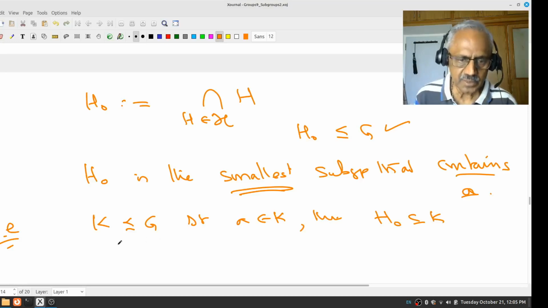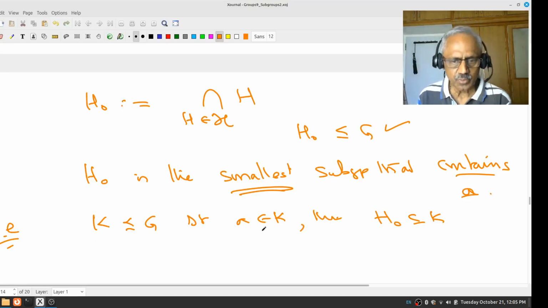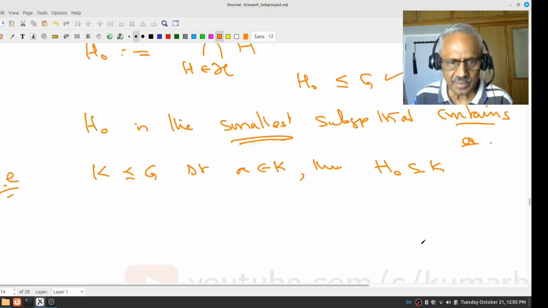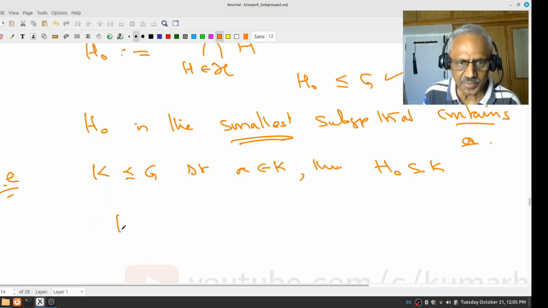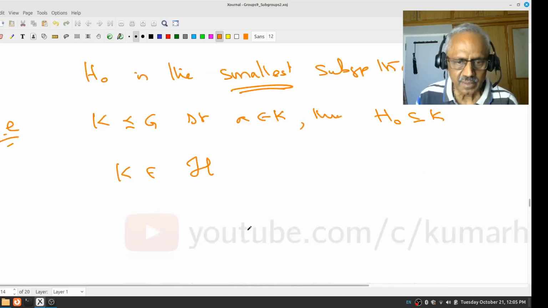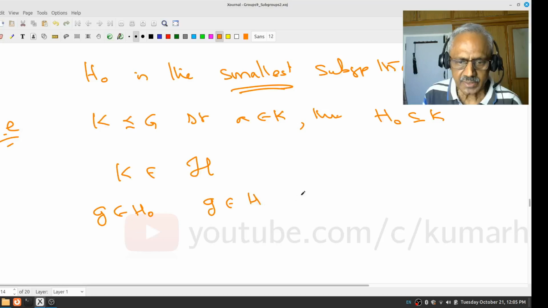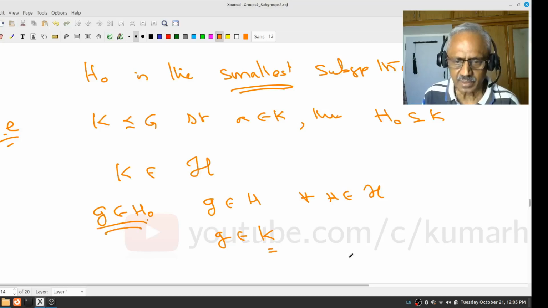That means if K is any subgroup which contains A, then H naught is a subset of K. That is very clear because if K has this property, then K has to be in script H. Therefore, if you give me any element G in H naught, that G belongs to H for every H in script H. In particular, G belongs to K, because K is one of them. That means every G in H naught is an element of K.